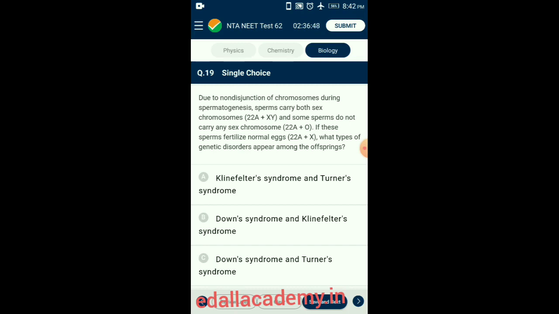Klinefelter syndrome is due to trisomy of sex chromosomes. It is formed by the union of an abnormal XX egg and a normal Y sperm, or a normal X egg and an abnormal XY sperm. The individual has 47 chromosomes, 44 autosomes, and XXY.